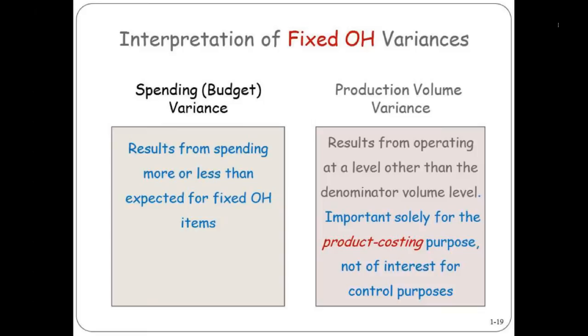So that is worth analyzing. This stuff you're doing so that you product cost correctly. It's not a control tool. It's not something you would monitor and try to understand how can we be more efficient from. Because this is essentially based upon that denominator value. How did you choose how quickly you intended to allocate?